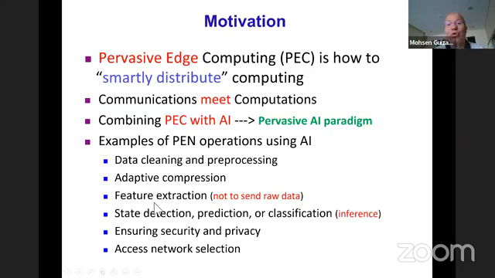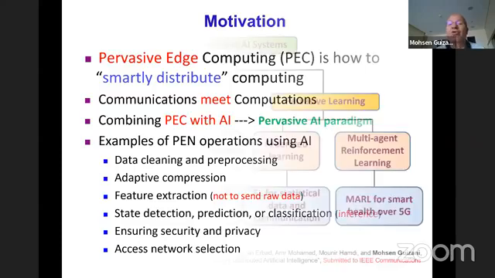Feature extraction: we're no longer sending the raw data, we are doing feature extraction and sending only the features, as we will see in this talk. And then state detection, prediction, and classification, ensuring security and privacy to prevent reverse engineering. And then accessing network selections. We have to select the proper network so that we can achieve this.